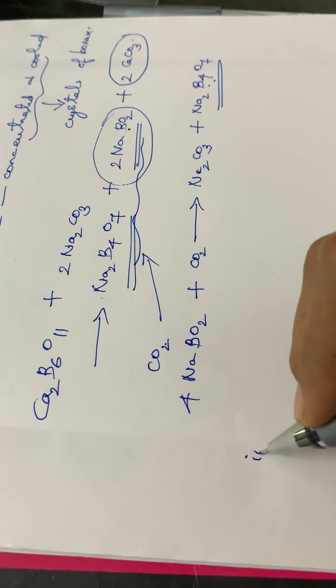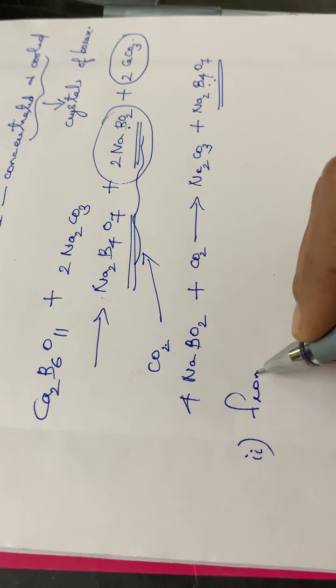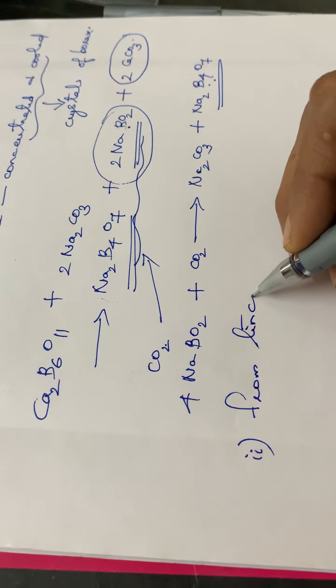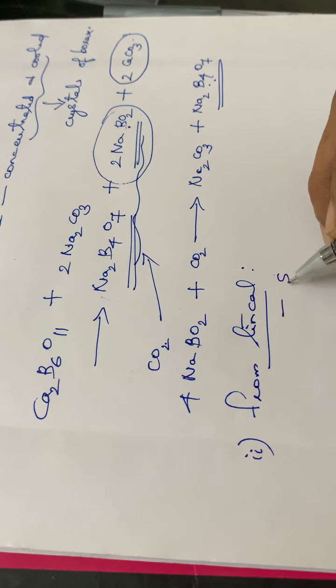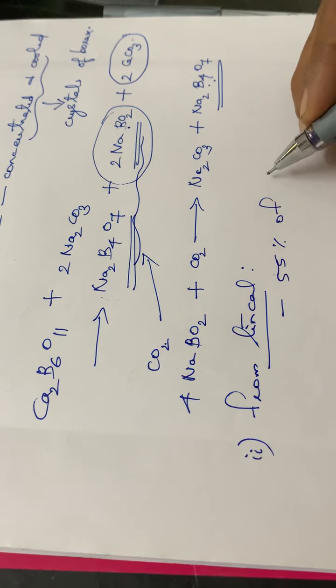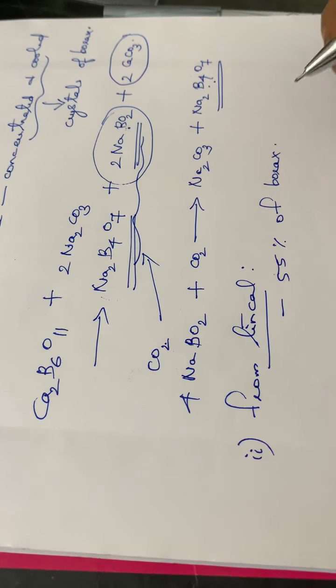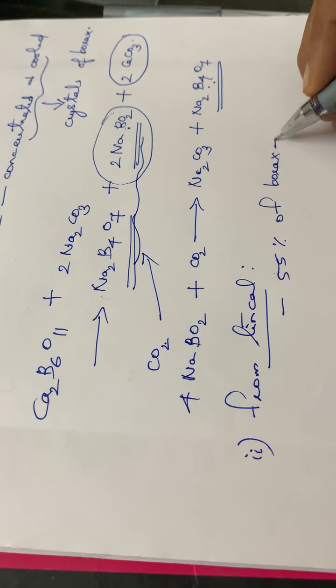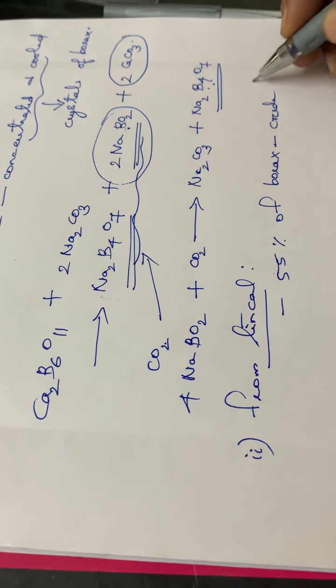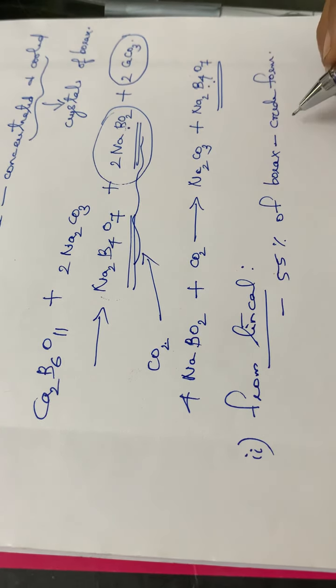The second method is from tincal. Tincal consists of about 55% borax, so it is a highly concentrated mineral of borax. It is also a crude form of borax, which means there will be impurities, and we have to remove them.